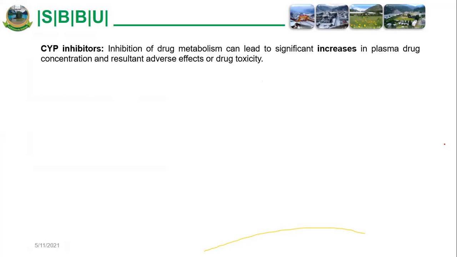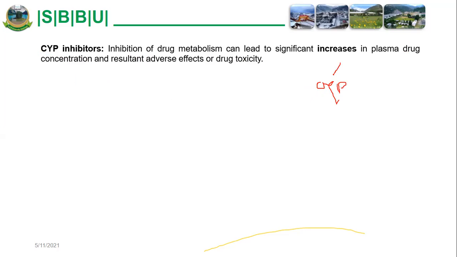Now, the cytochrome P450 system inhibitors. Inhibition of drug metabolism can lead to a significant increase in plasma drug concentration. As I mentioned, cytochrome P450 systems are important for drug biotransformation.